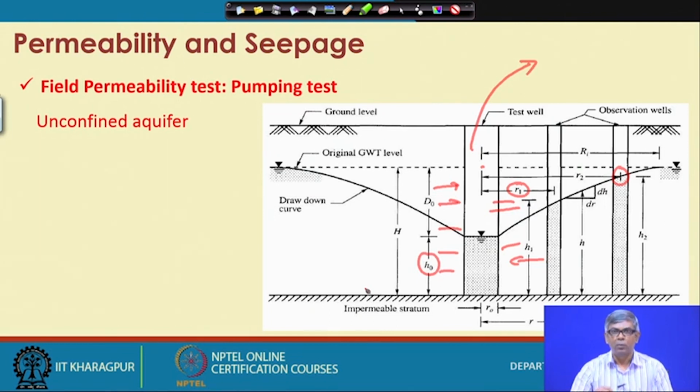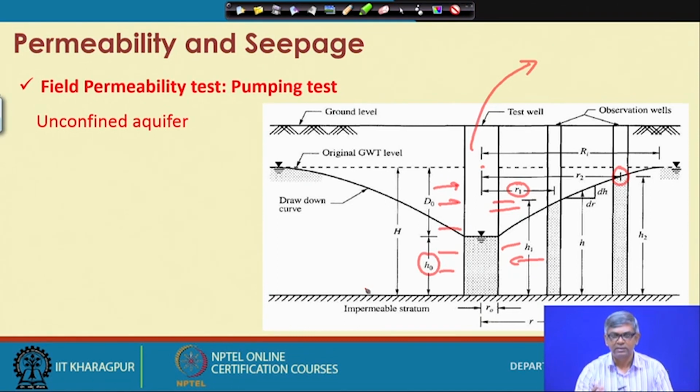When pumping out, you have to see that we are pumping at a constant rate. Initially the pumping may not be constant, because this is valid for the steady state condition. The quantity should be constant, and only then should you take measurements, otherwise it is not correct.